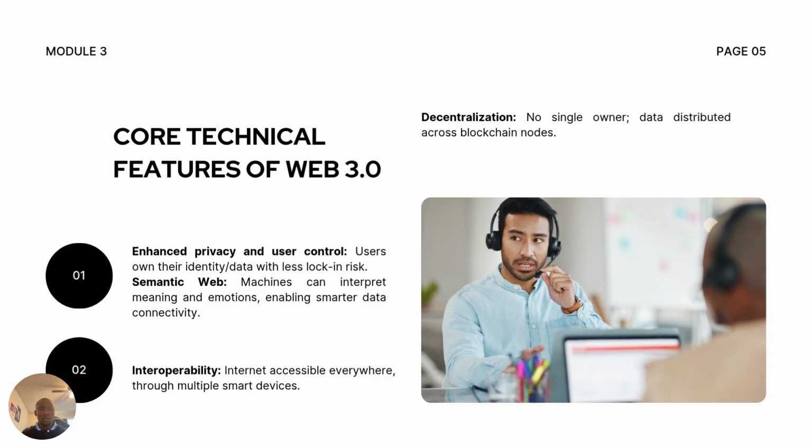We expect to have this kind of interoperability for Web 3.0. So these are the core technical features of the Web 3.0 that is currently being developed, and we expect it to bring a greater positive impact in the educational technology industry.